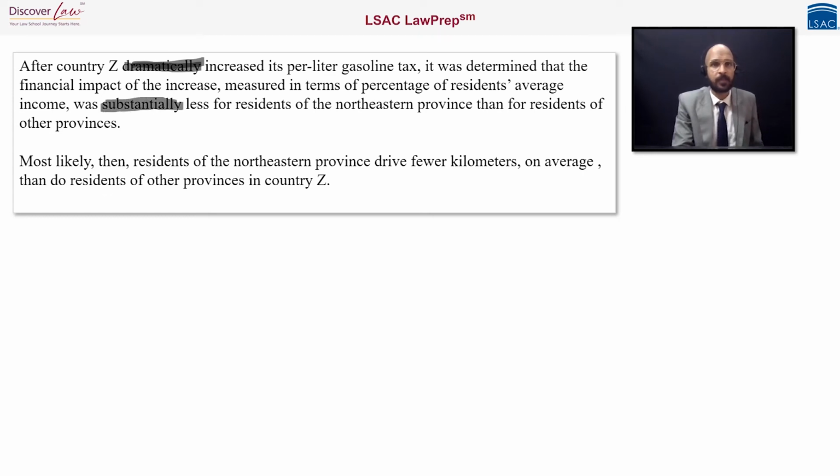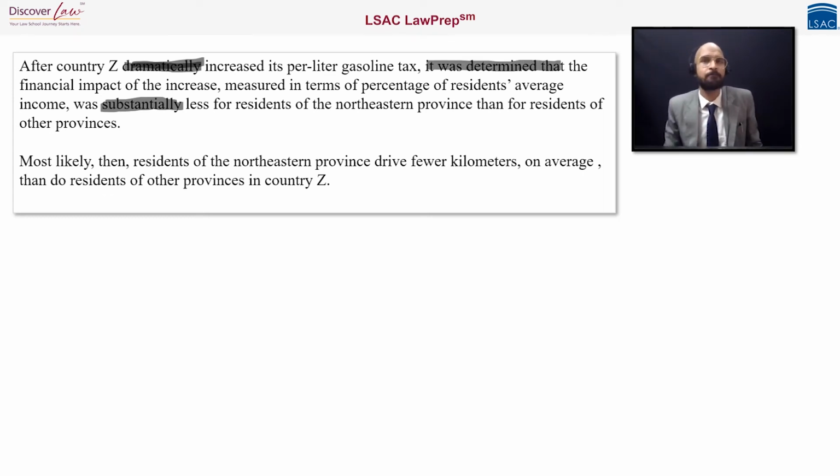Okay, and here you can see that after this happened, it was determined that so and so happened, which is like saying someone said that something happened. Let's just remove even this part and stick to the fact without saying that it was determined that.